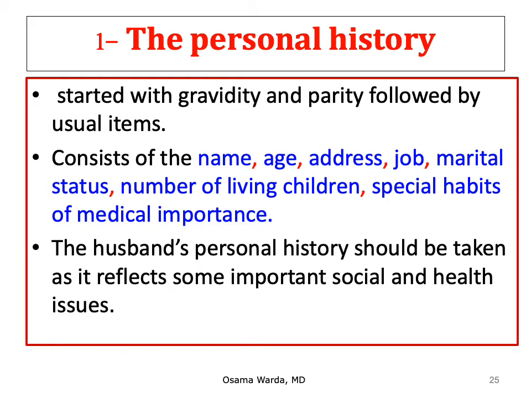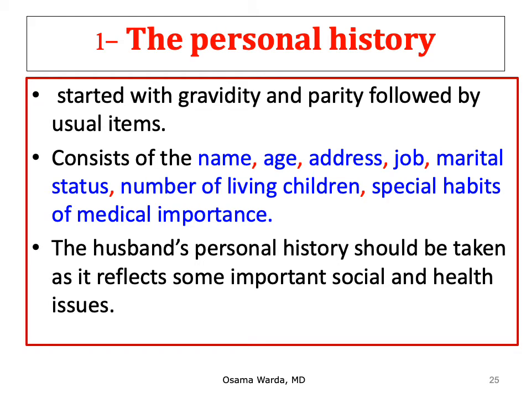Then we ask for the patient's name, and you should call the patient by her name. Ask for date of birth to calculate her age, and the address, urban or rural. This may affect your management if she has a high risk pregnancy. Job: in some jobs, she is prone to severe exercise or environmental contaminations.